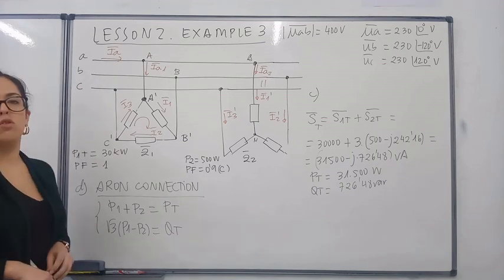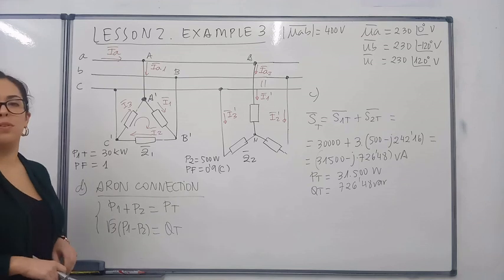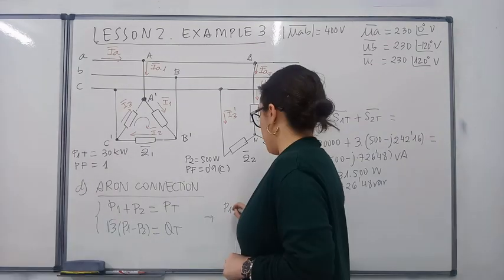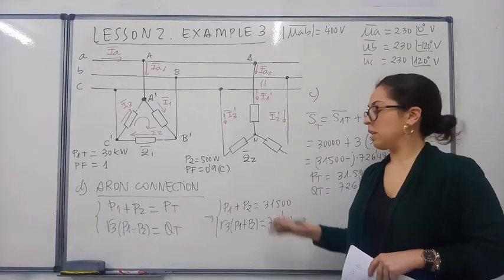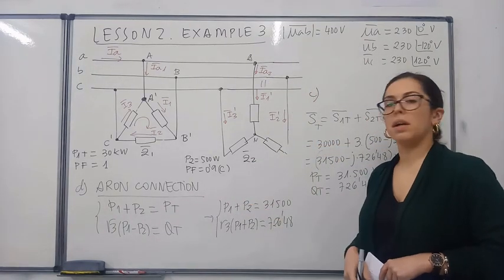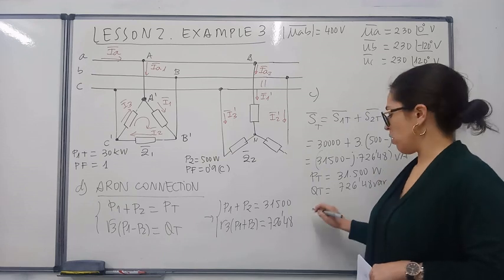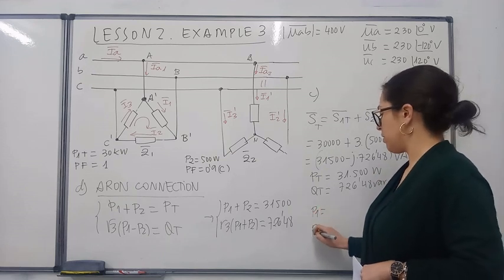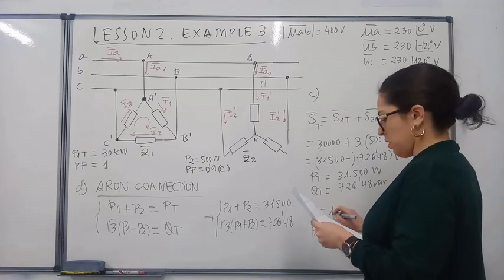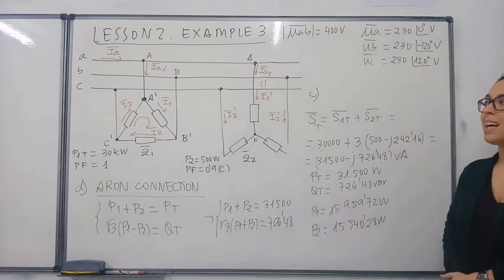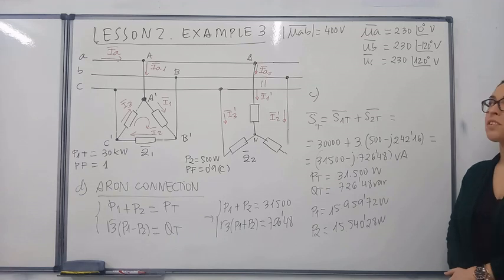Remember that you have the demonstration of these formulas in your notes in lesson 2. Then you have these two equations, and you only need to solve them for P1 and P2. The results that you are going to have if you solve these equations are going to be these ones. So with that, we have solved all the questions that we had in example 3 of lesson 2.